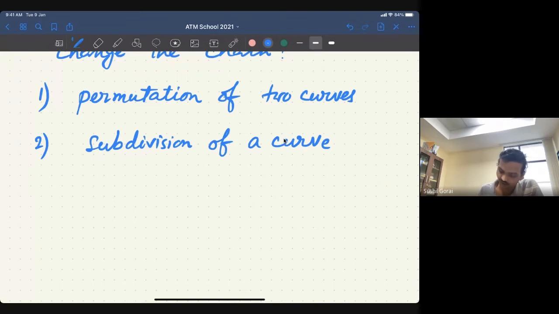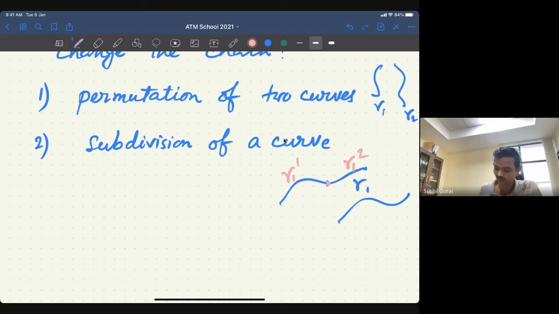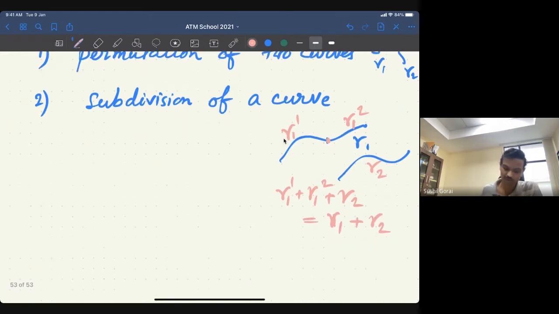So whether you consider gamma 1 and gamma 2, or gamma 2 first and then gamma 1, doesn't matter. Subdivision: suppose this is gamma 1, and you want to divide it into two curves and call them gamma 1 1 and gamma 1 2, and this is gamma 2. So gamma 1 1 plus gamma 1 2 plus gamma 2 is the same as gamma 1 plus gamma 2 as a chain.